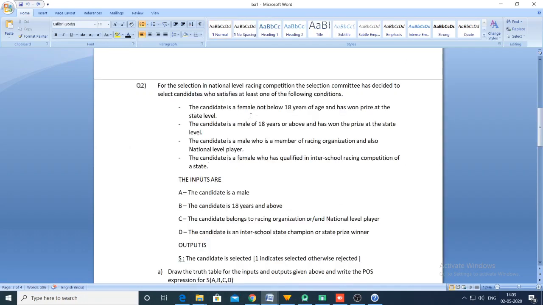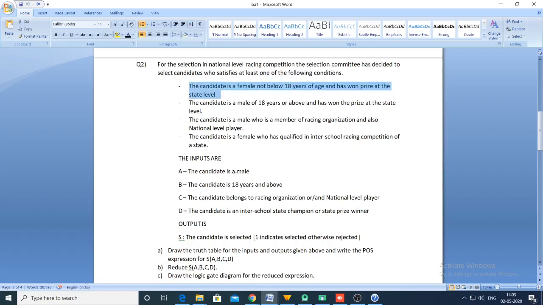The candidate is a female, not below 18 years of age, and has won a prize at state level. So when you look at condition 1, three variables are involved in it. One is A, the candidate is a male, that is involved. The candidate is a female, so it has come the opposite way, so we have to take it as A bar.